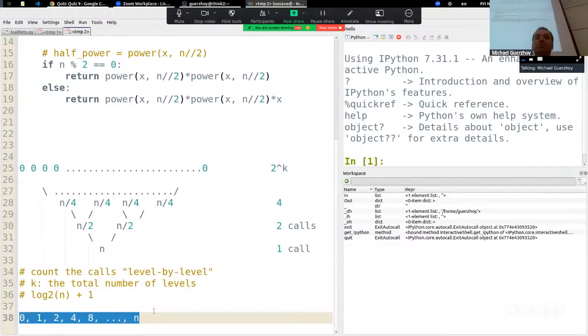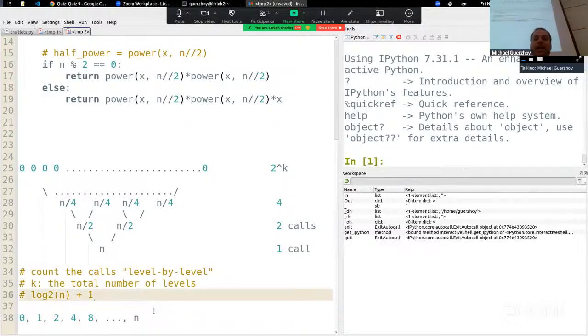So, okay. So k is equal to this. But that doesn't answer how many calls. That answers how many levels. So how many calls?